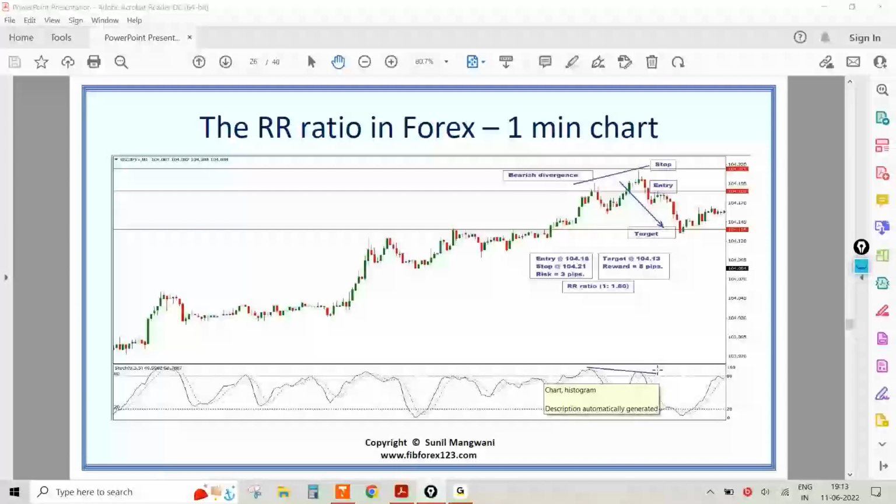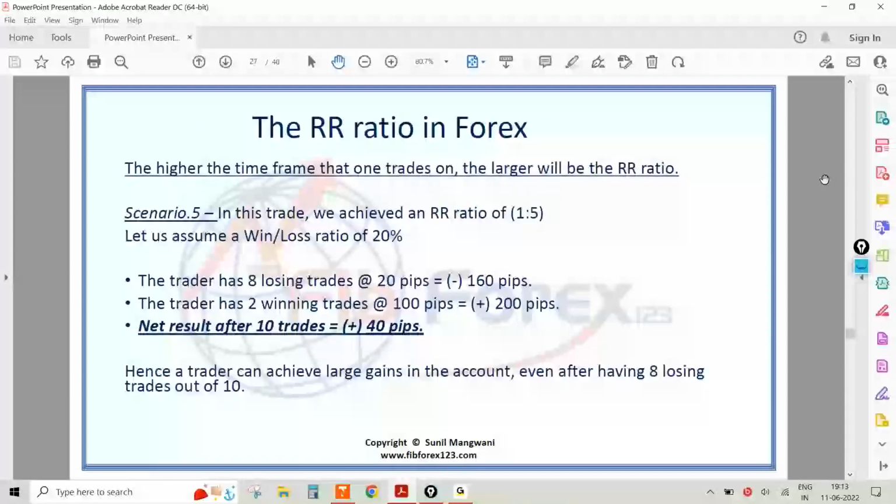It's just simple maths. This is the point that I'm trying to make over here: the time frame you're trading on, the instrument you're trading on, has to be decided based on whether you are going to achieve that 1:2 risk to reward ratio, minimum 1:2.